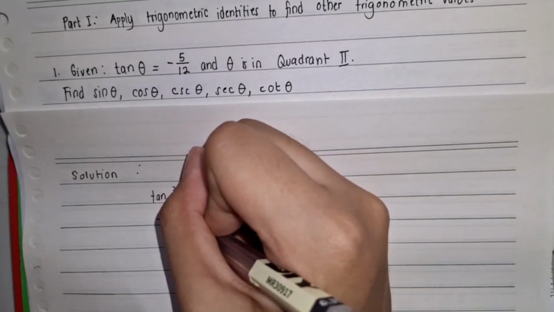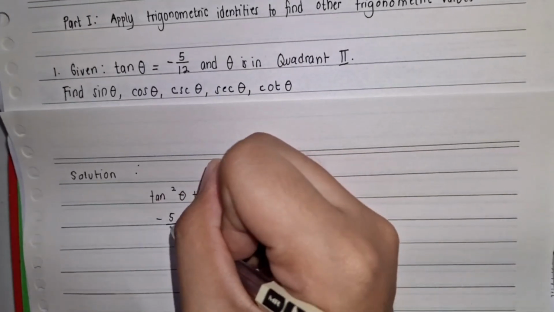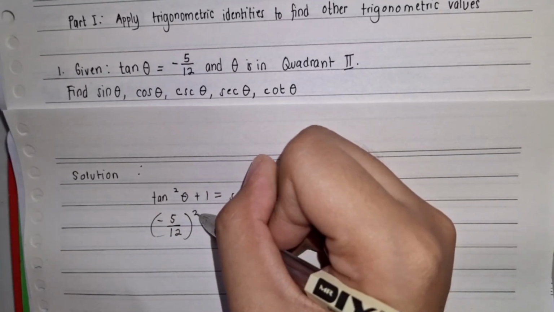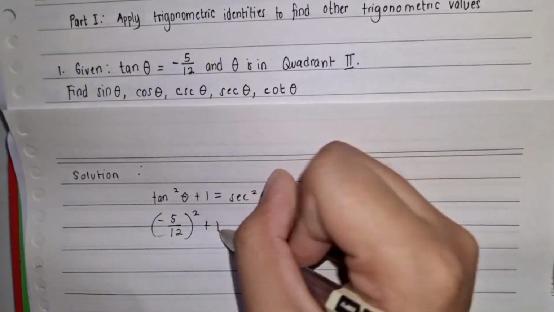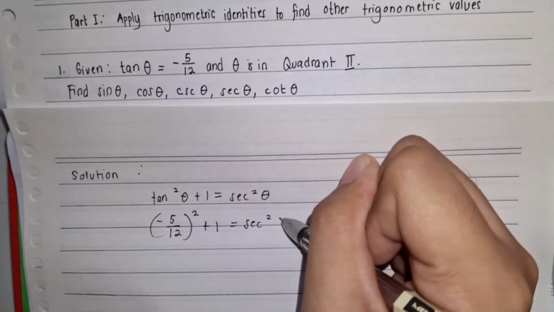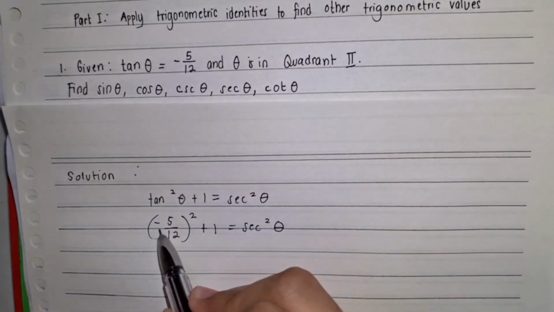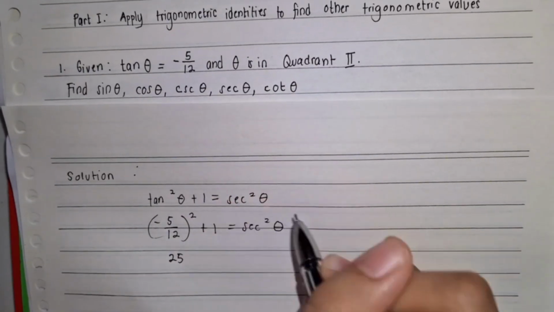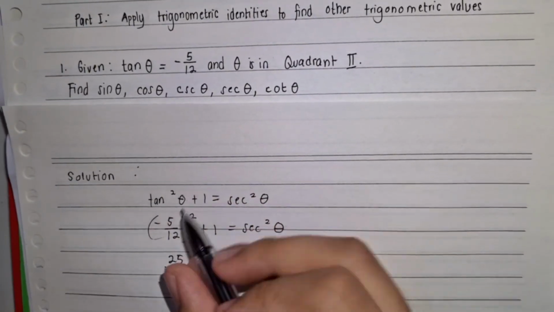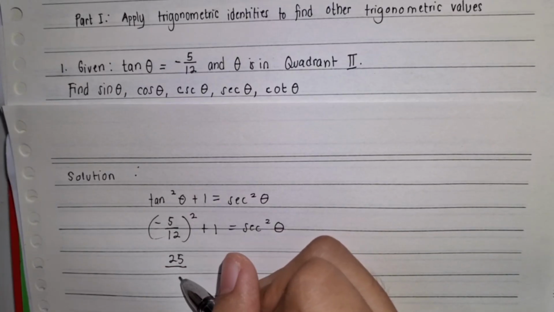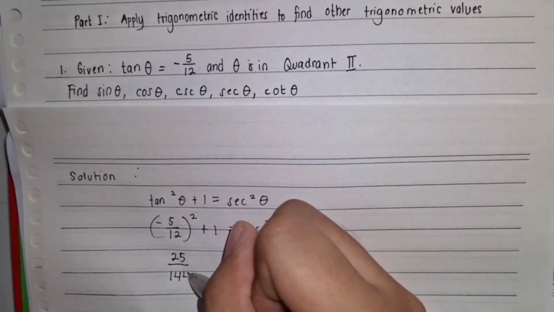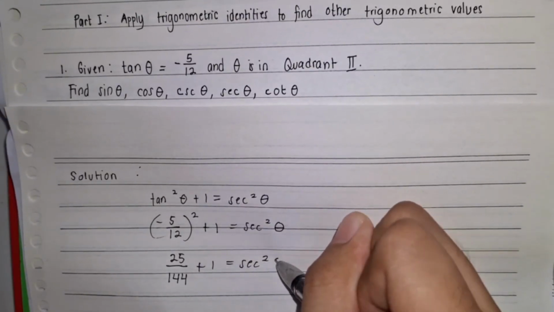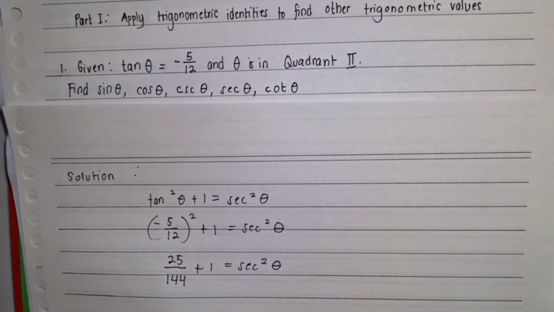We have negative 5 over 12, and close it with parentheses and then square. Plus 1 is equal to sec squared theta. So negative 5 squared would be positive 25. Negative 12 squared will be positive 144. Plus 1 is equal to sec squared theta.